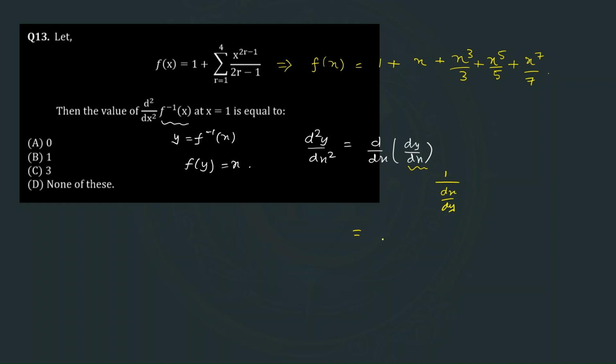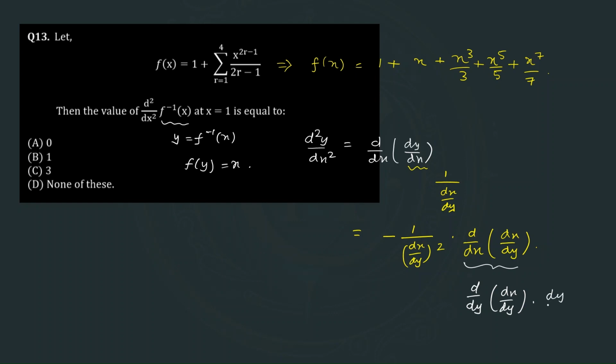So this will give us minus 1 over (dx/dy) whole square times d/dx of dx/dy by the chain rule. Now again, we can write this using the chain rule as d/dy of dx/dy into dy/dx. Now this expression will be nothing but d2x/dy2.